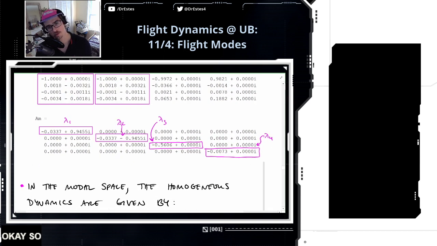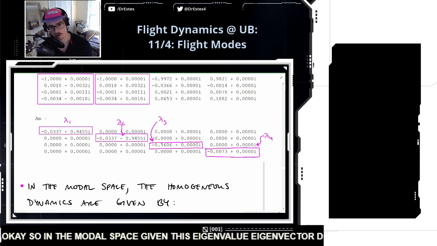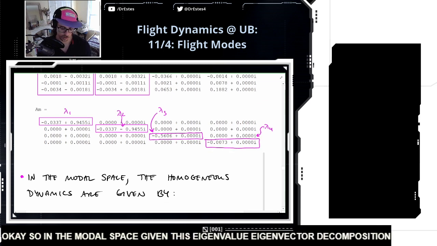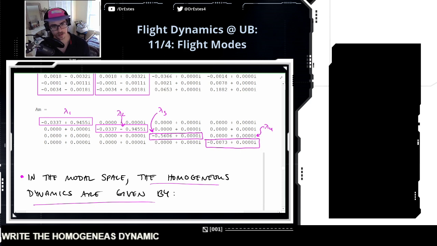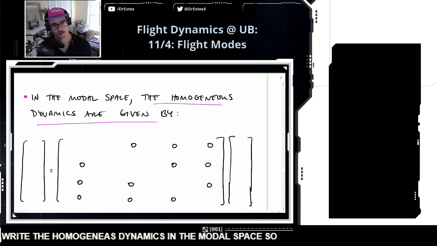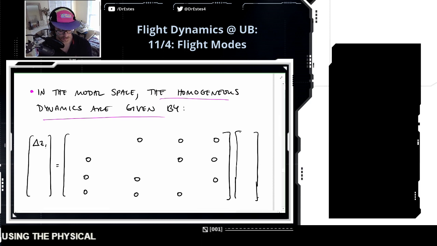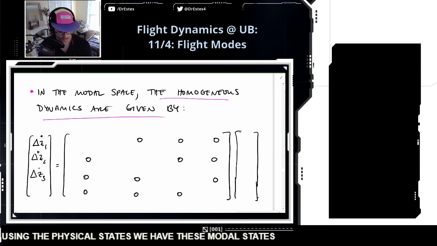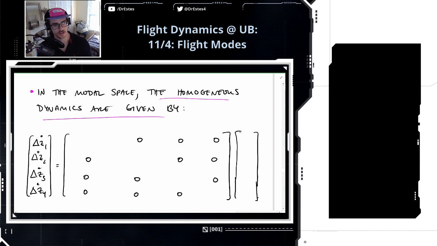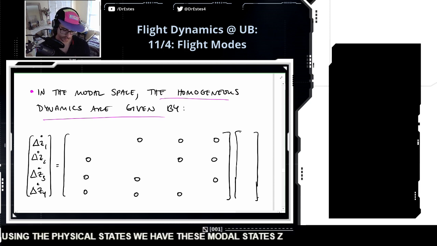So in the modal space, given this eigenvalue, eigenvector decomposition, we can write the homogeneous dynamics in the modal space. So what I mean is, instead of using the physical states, we have these modal states, Z1, Z2, Z3, Z4.